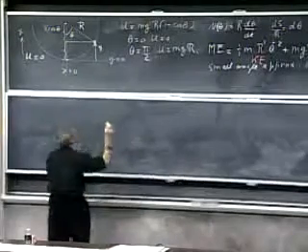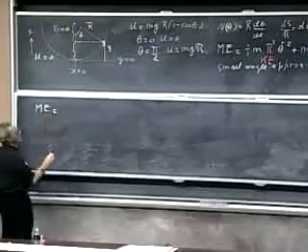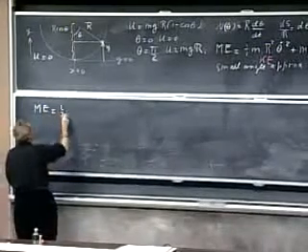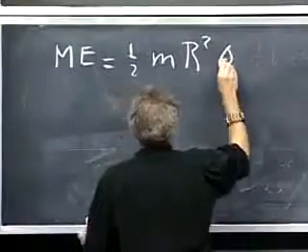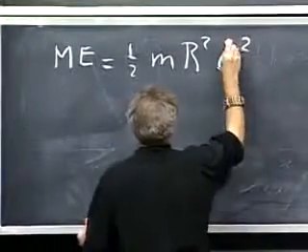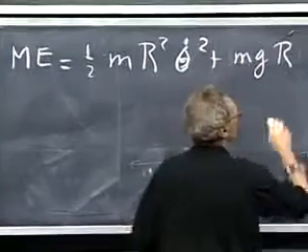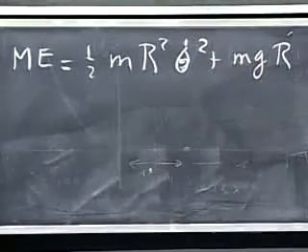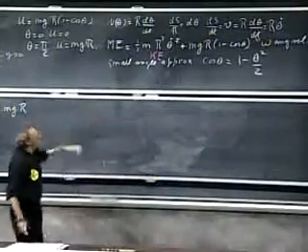So we're going to get that the mechanical energy, which is not changing, equals 1/2 m r squared theta dot squared plus mgr times cosine theta, which becomes 1 minus theta squared over 2. So we have a minus times minus becomes plus.